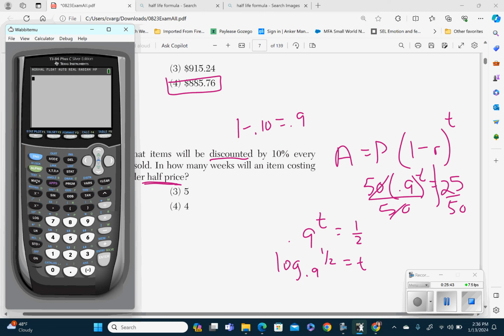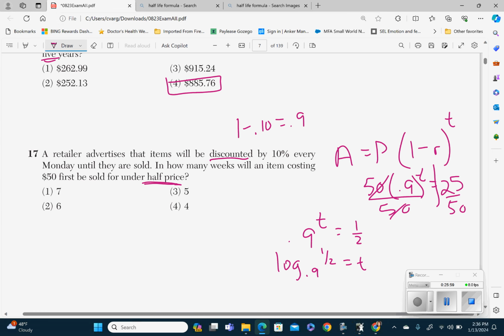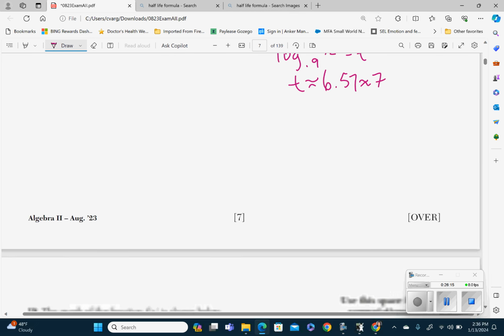I'm going to hit math, go down to log base, put in my 0.9, put my a half, 1 divided by 2, and then hit enter, and I get 6.57, which is about 7, right? So t is about 6.57, which is about 7. I'm going to round it up, okay?